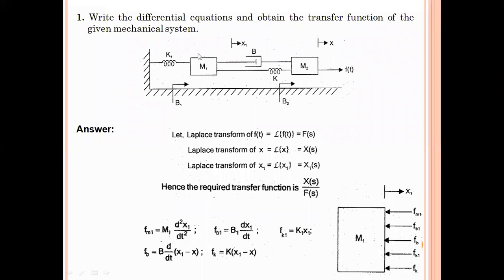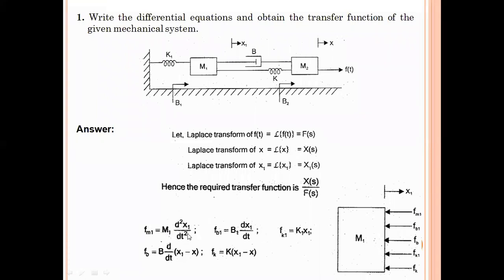How? Let's see here. This is M1, right? So M1 itself has an opposing force, which is f suffix M1. So this block will have one force itself, which is the opposing force f M1. We know how to write the M1 element force, which is M1 into d square x1 by dt square.